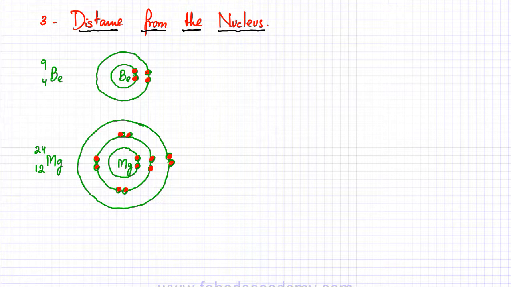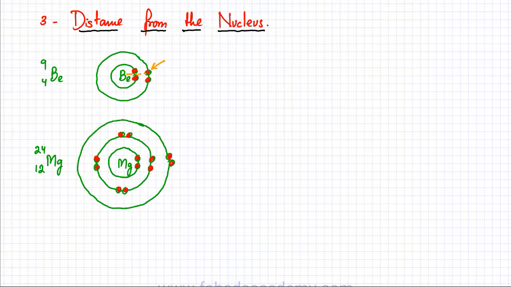The third factor that we're going to discuss is distance from the nucleus. And this is very similar to shielding that we discussed earlier. Now, we're only going to focus on the distance from the nucleus, we're not going to talk about the other two factors that we've just discussed, shielding and protons. So we're only singling out this factor. Now this electron over here is very close to the nucleus, which is at the center of the atom.